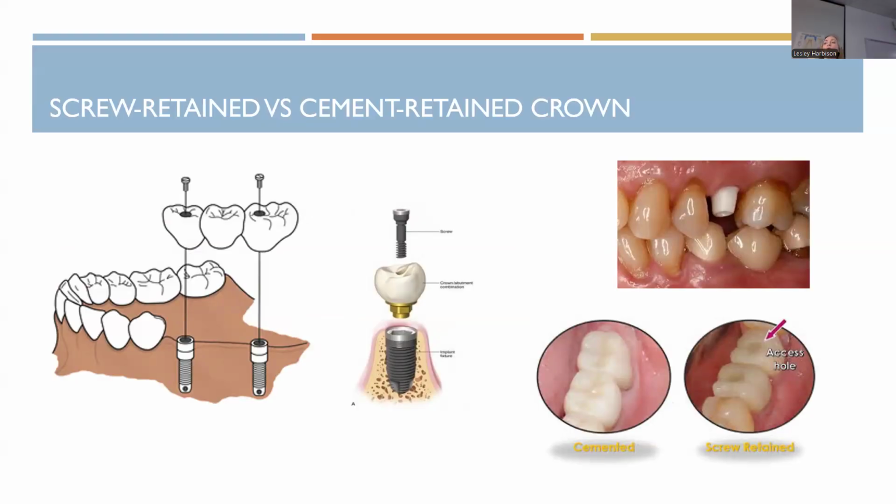You can have a screw retained implant, or you can have a cement retained implant. If it's screw retained, usually you'll see a hole on the top and there's going to be a composite or some kind of material that covers the screw. And if they need to take it off for some reason, they would just access it through there.